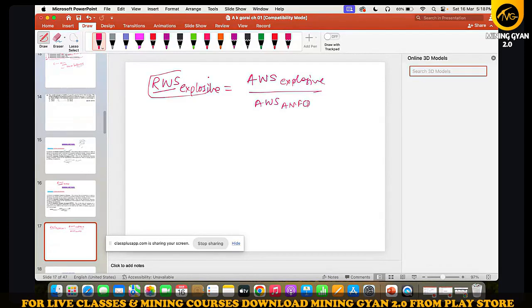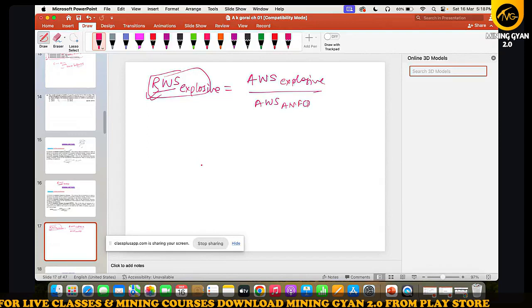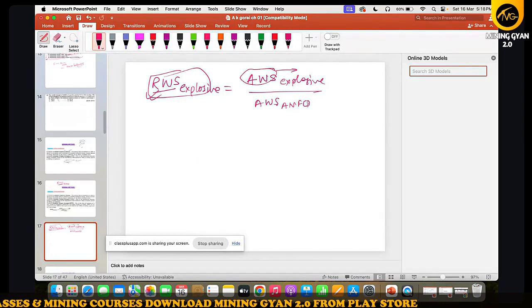It will help to find out RWS of explosive. Okay, और AWS क्या था, it is the theoretical absolute strength थी, ठीक है, फर्स्ट फॉर्मूला दिस वन.